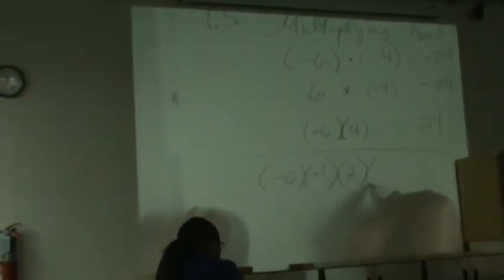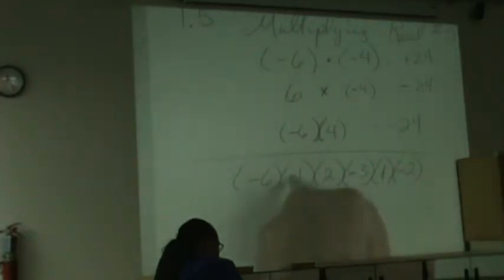Okay. Let's say, what if you have a string of multiplication, like a bunch of them multiplied. Let's say you have -6 times -1 times a +2 times -3 times a +1 and times a -2.